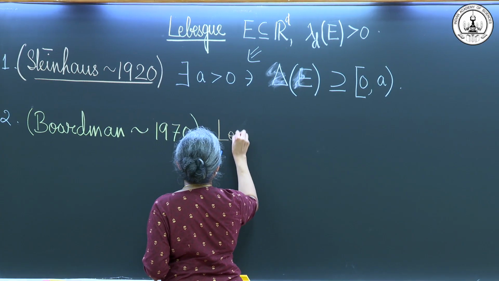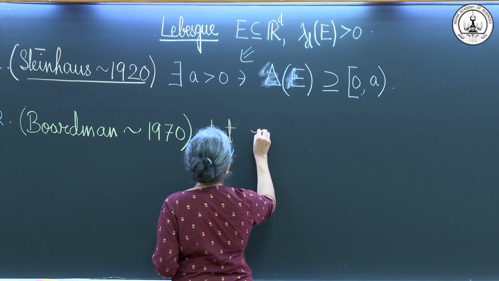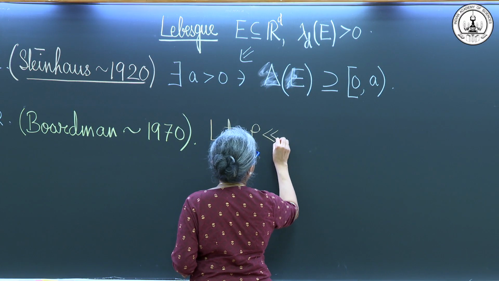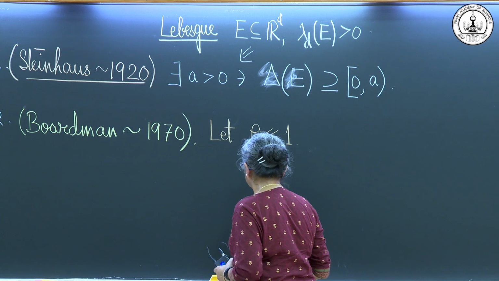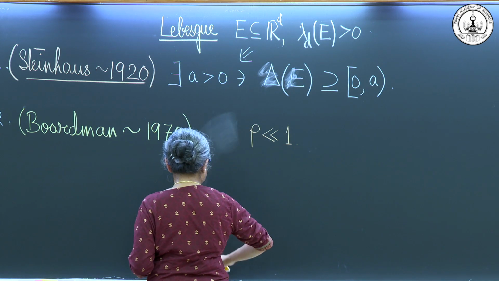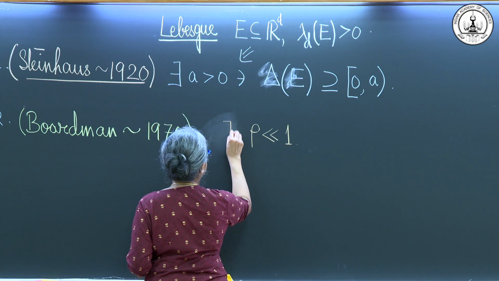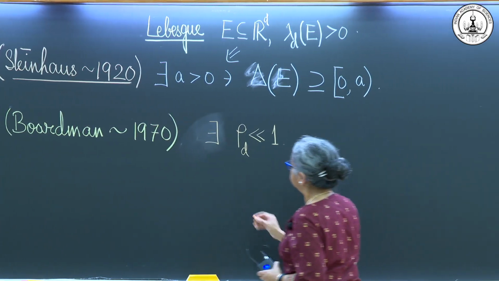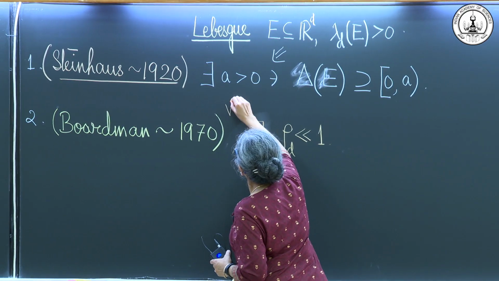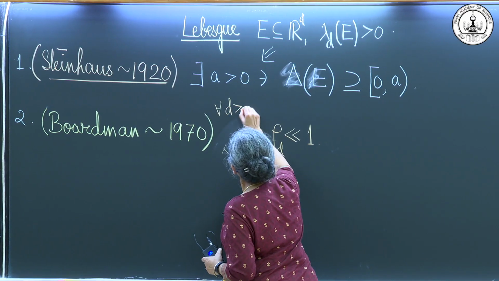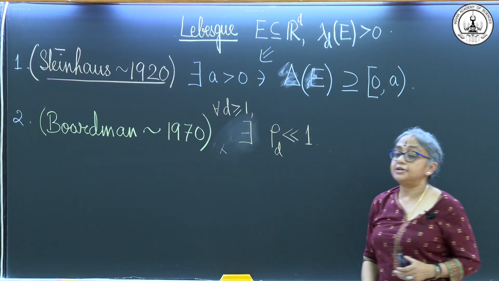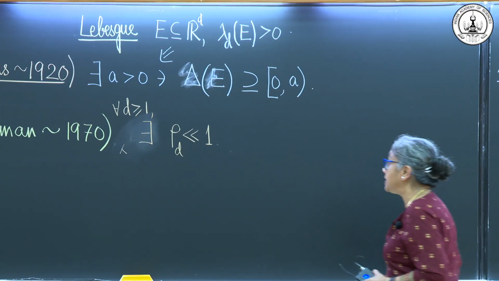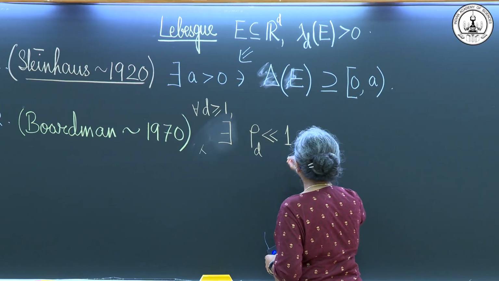Let rho be a small constant. There exists a small constant rho_d, which depends on d, and when d equals 1, yesterday rho_d was a half. So there exists a rho_d with the following property.